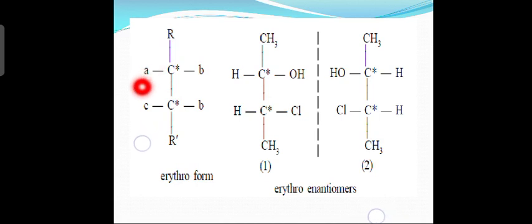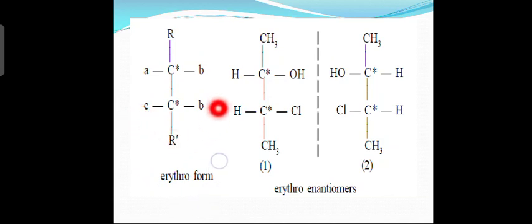Okay, so how many substituents are present? 6 substituents: A, R, B, 3, 4, 5, R', and then 6, C. Okay. So, this form is called the erythro form.